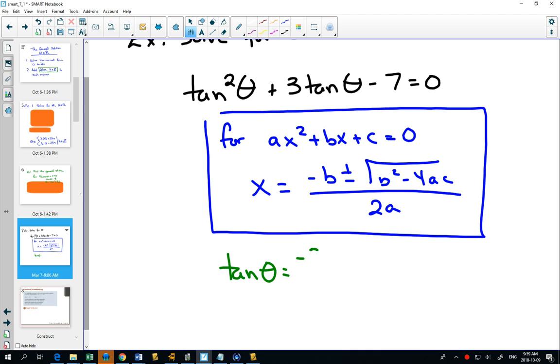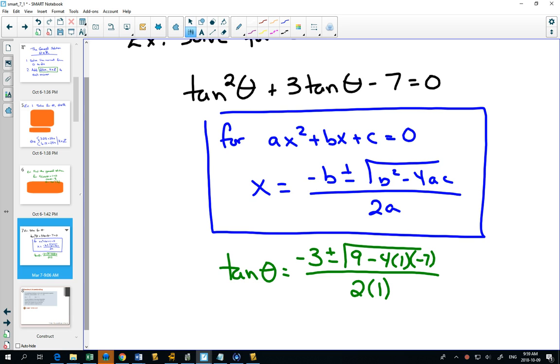Our b value is 3, so negative 3 plus or minus the square root of 9 minus 4 times a, which is 1, times c, which is negative 7, all divided by 2a. So we plug in our values from our equation.